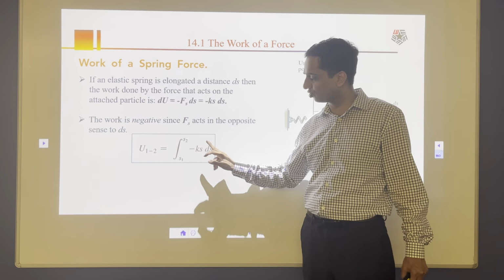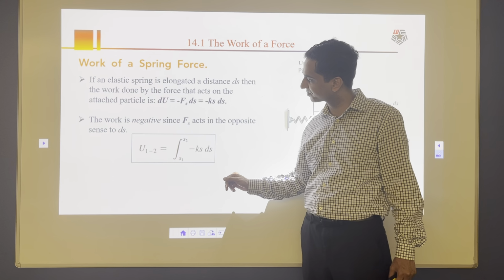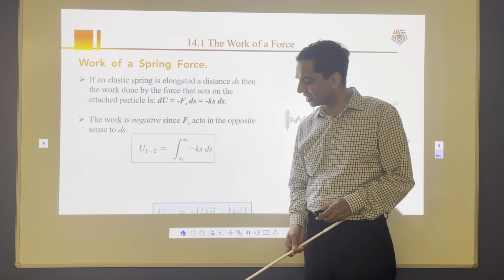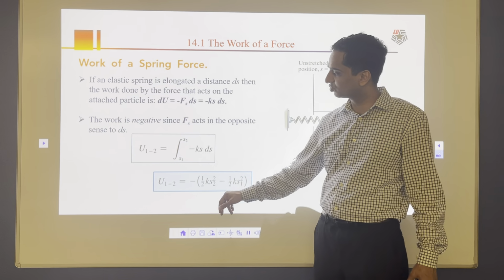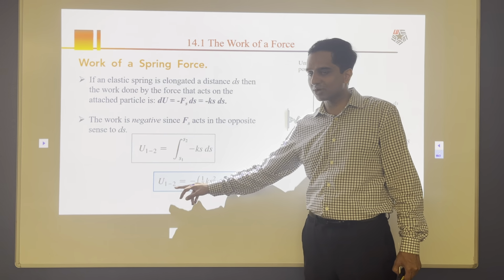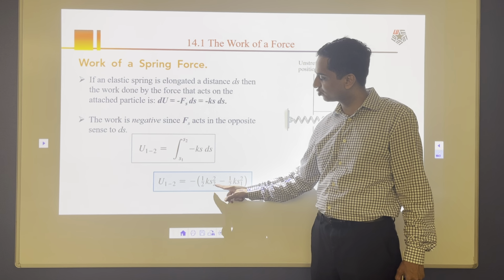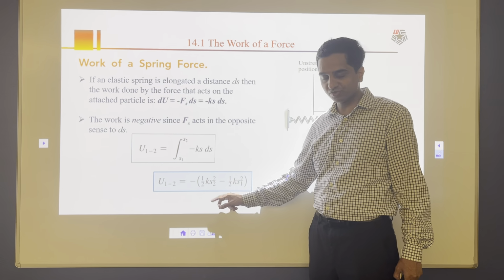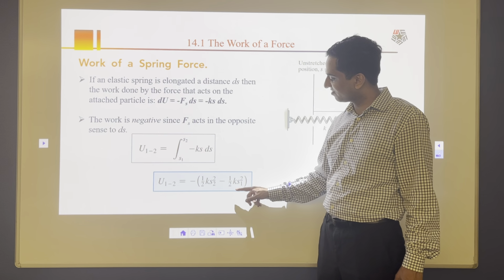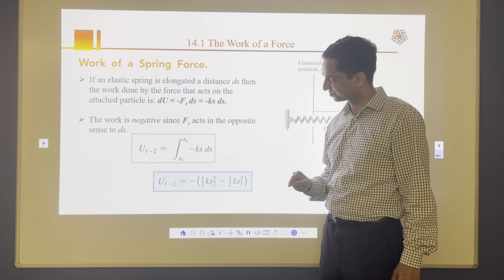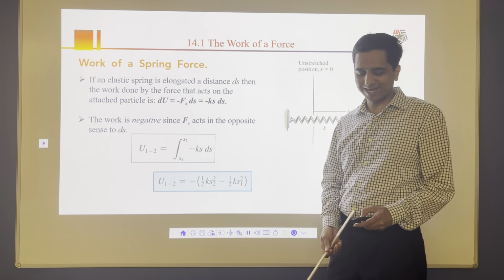Minus Ks is my force, ds is my displacement. If you solve this, you will get U12, the total work done by spring, equal to minus 1/2 K s2 squared, that's my final s position, minus 1/2 K s1 squared, that's my initial s position. So that's the work done by spring.